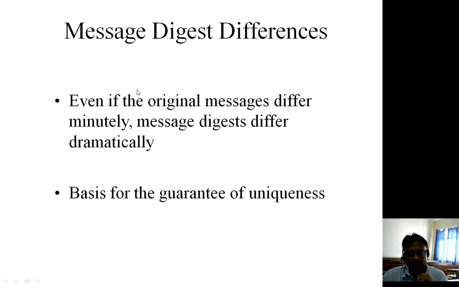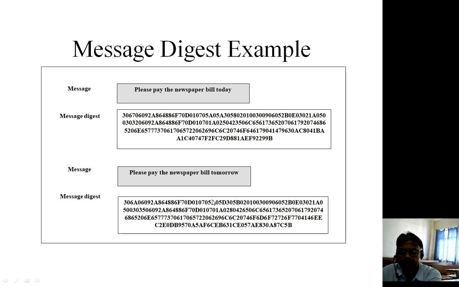But if there is a minute difference between two messages, there will be a huge difference in their message digests. So, this gives the guarantee of the uniqueness of the message digest related to the message.